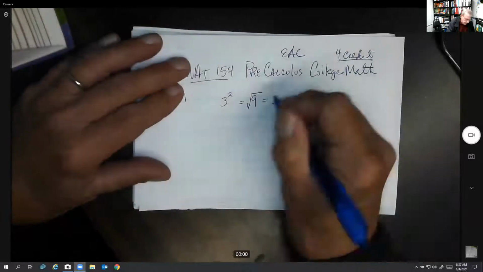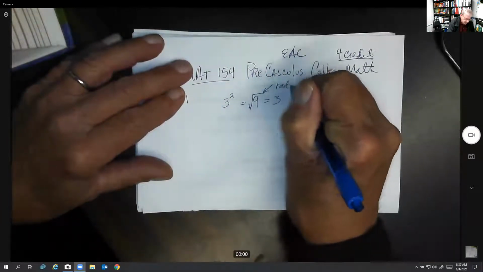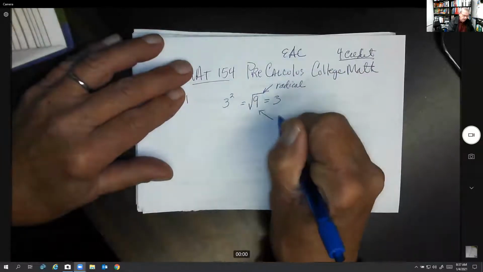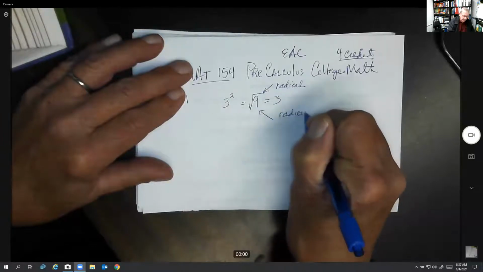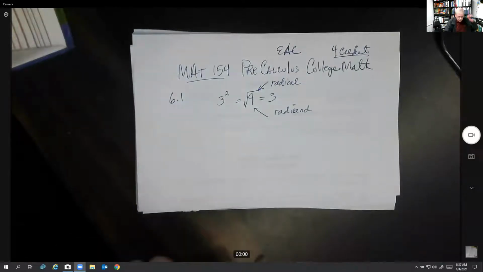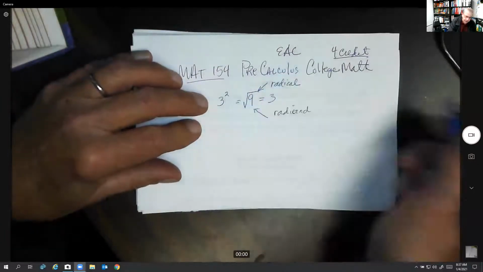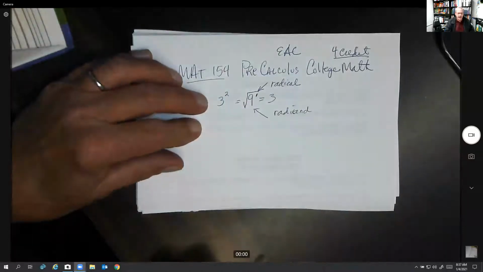Now, this symbol right here is called the radical symbol. The number underneath it is called the radicand, or whatever else is underneath there. Could be an X or something like that. That's the radicand. And then this also has 2 other things. It has a power, but in this case, the power is 1, so we don't usually write it down.